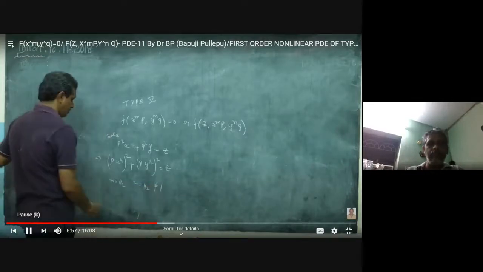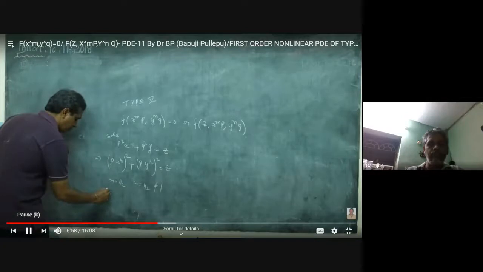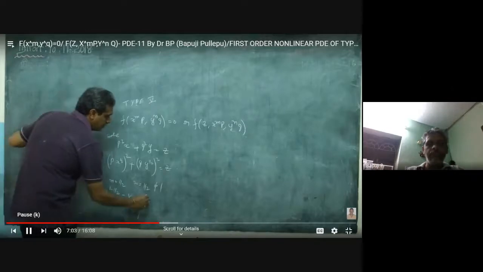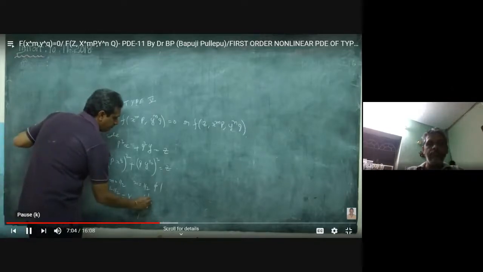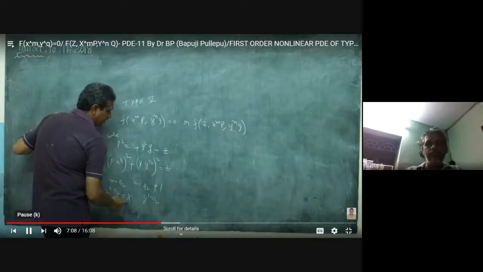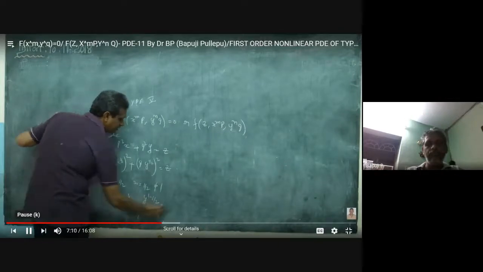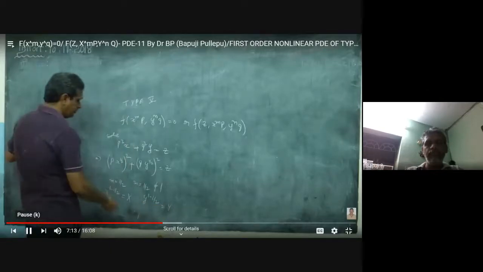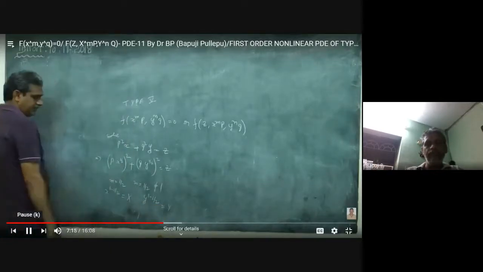So x to the power of 1 minus 1 by 2 is equal to capital X, y to the power of 1 minus 1 by 2. So x power 1 minus m is equal to capital X, y to the power of 1 minus m is equal to capital Y. Then all my doing something, some important things are there.